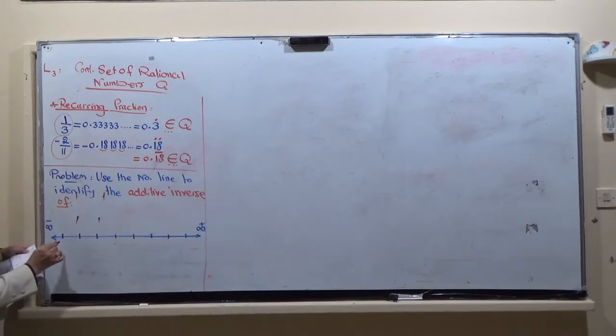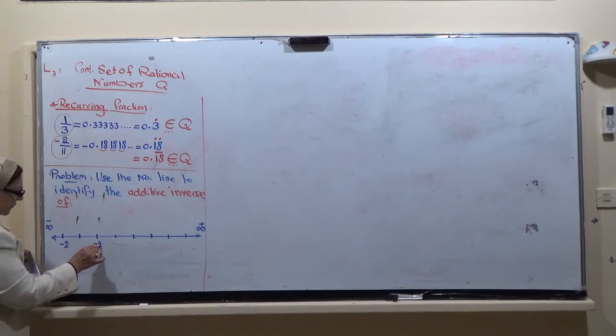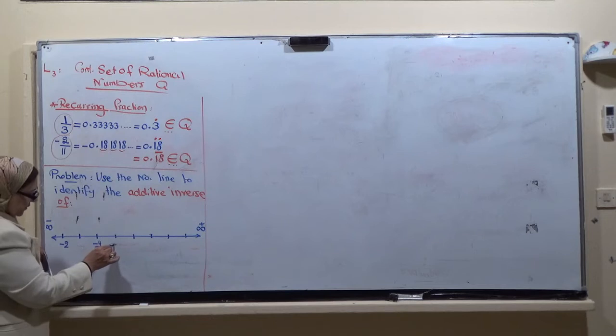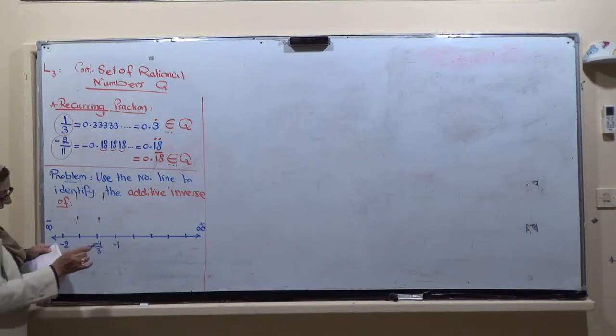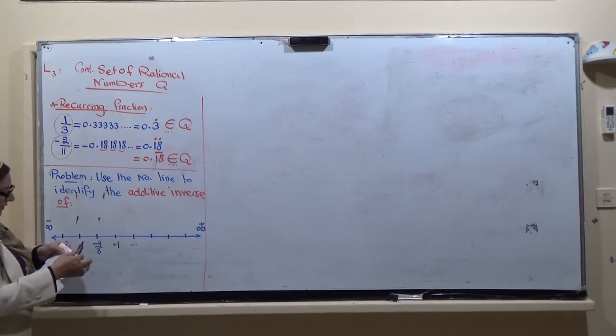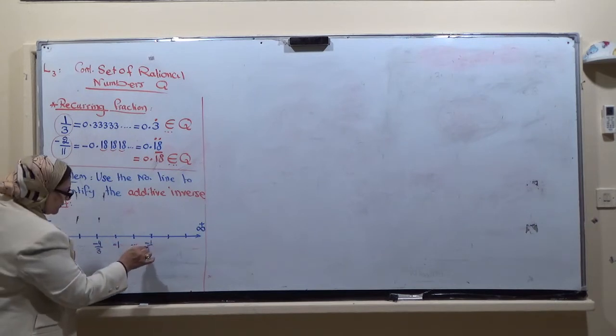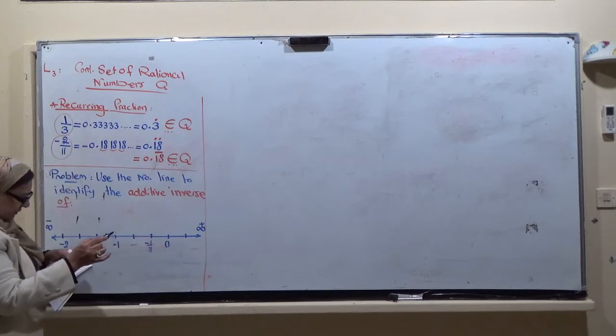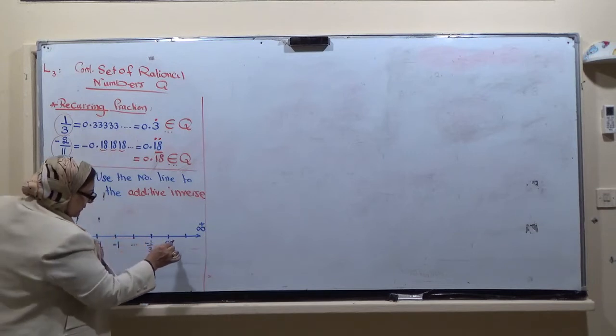This is -2. This is -4 over 3. This is -1. And this is -1/3. This is 0. This is 2 over 3.